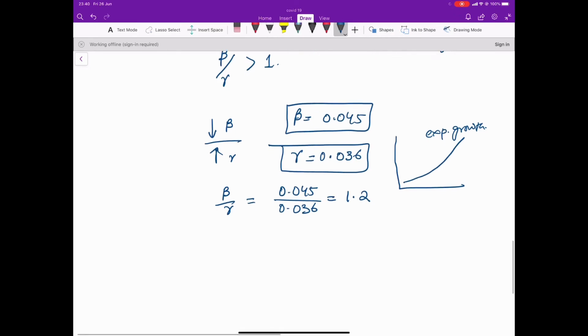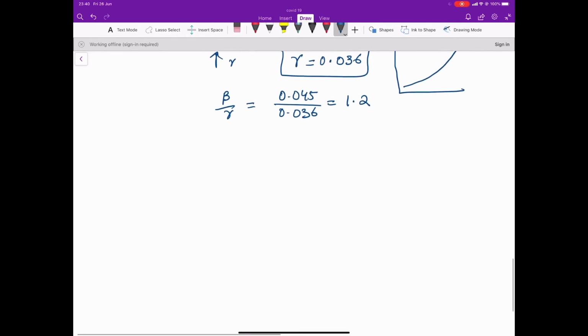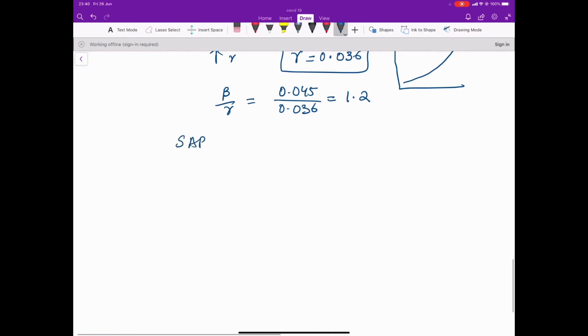Now for some diseases, like the 2003 SARS, that had a very high fatality rate of around probably 20% case fatality rate. Now there, the reason that it didn't spread, unlike COVID-19, was that the gamma was very high.